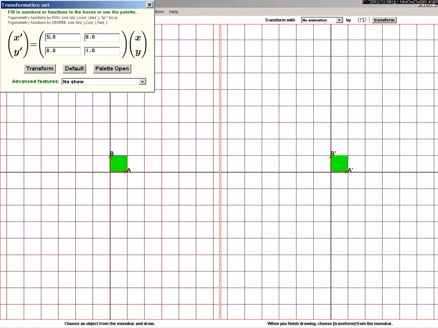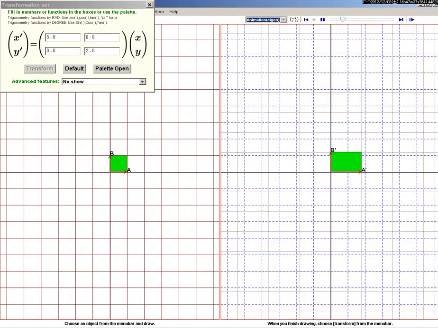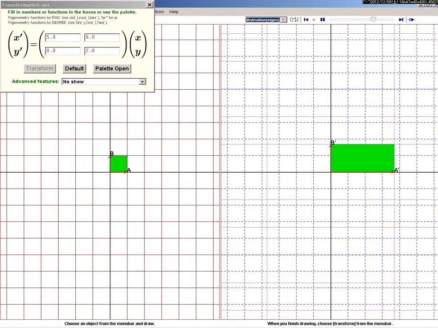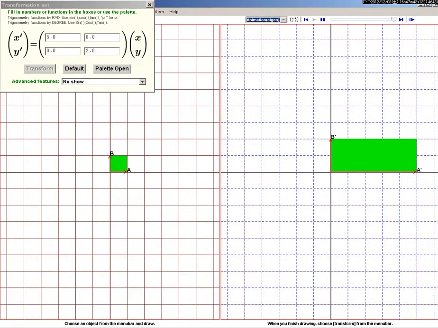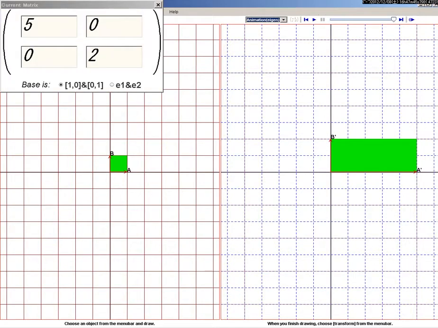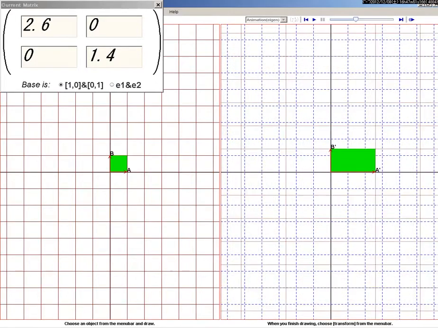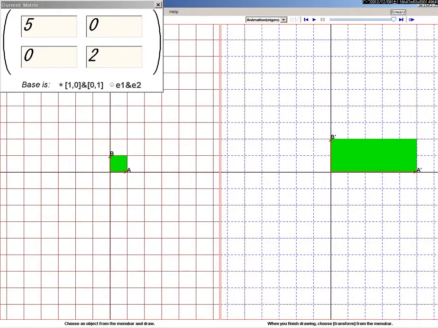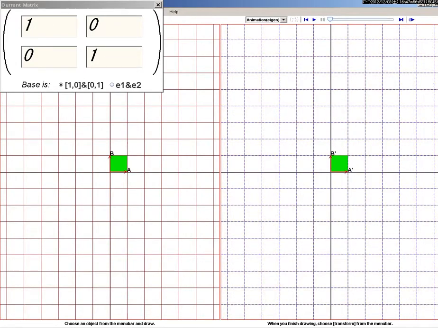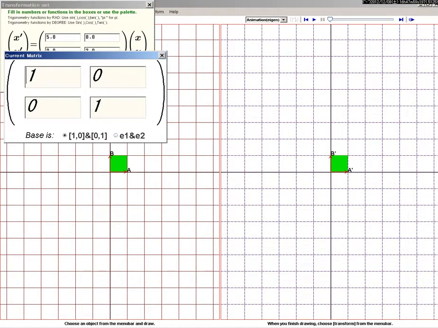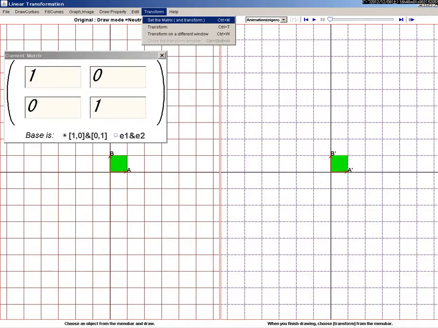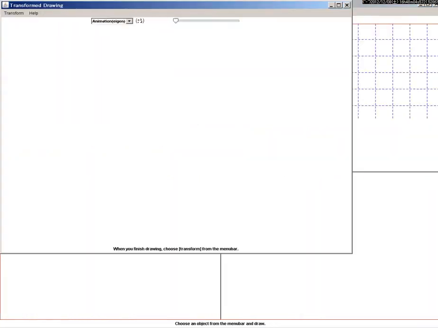So A is 5, 0, 0, 2. We're going to use animation eigen. You can see the current matrix, and you can see the transformed window in a big screen.